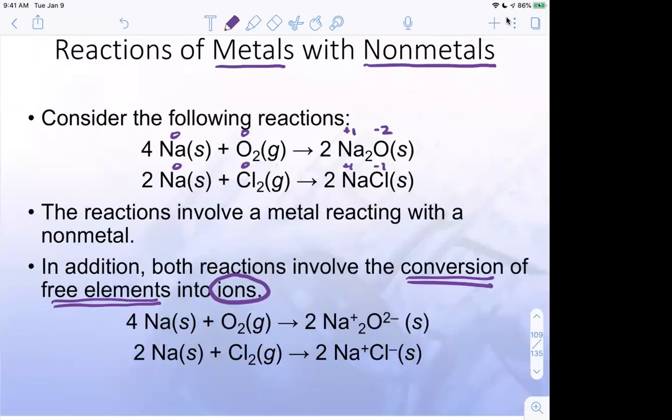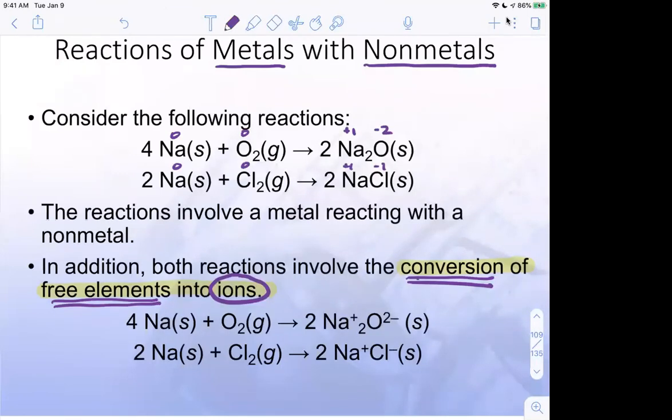In the bottom reaction, I have sodium losing an electron and chlorine gaining that electron. So I do have this redox process that's occurring. And one of the things you want to look at is this conversion of free elements into ions. That's the type of situation that will distinguish these redox reactions from other reactions that we've actually discussed.